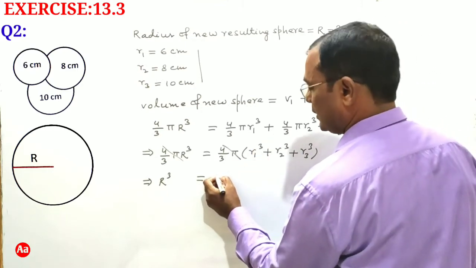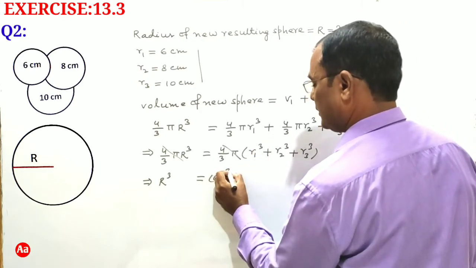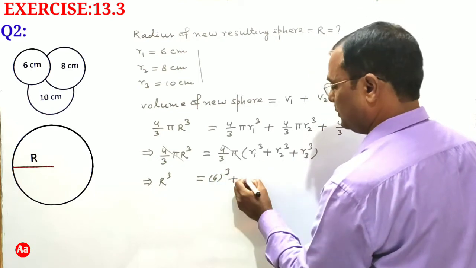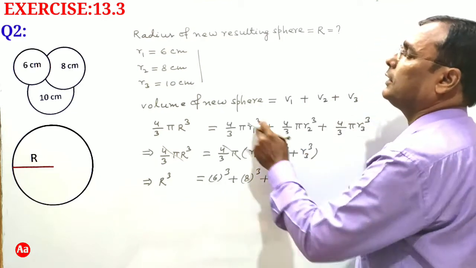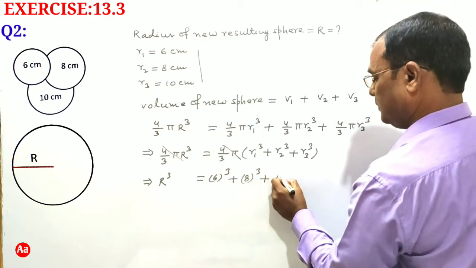r1 cube 6 cube plus r2 cube 8 cube plus r3 cube 10 cube.